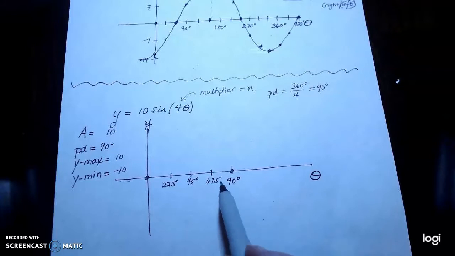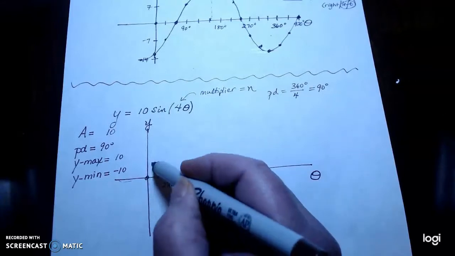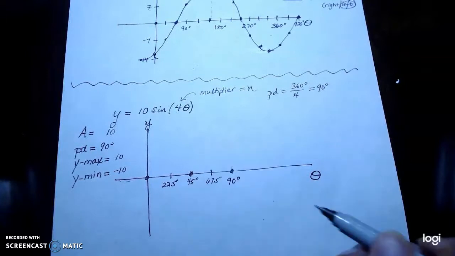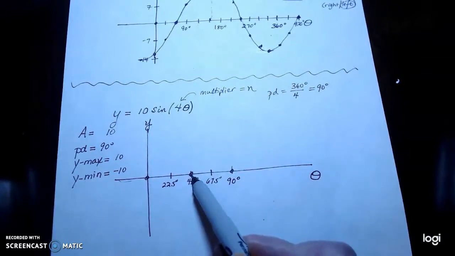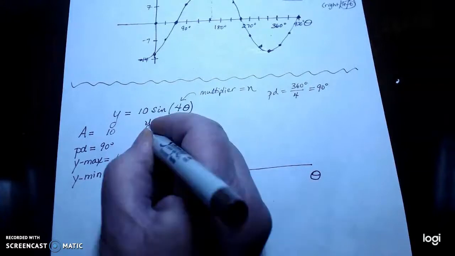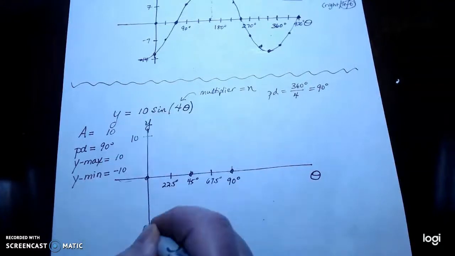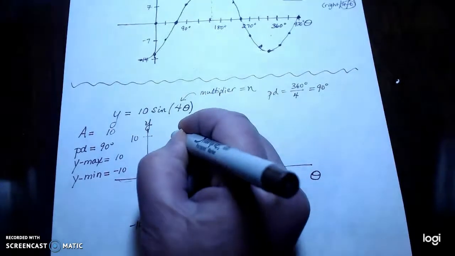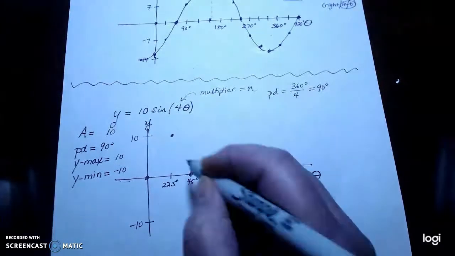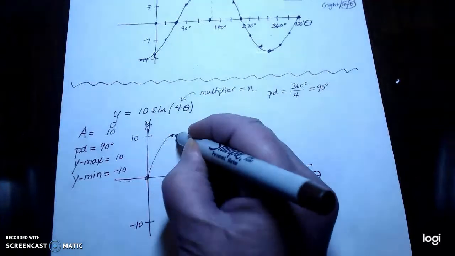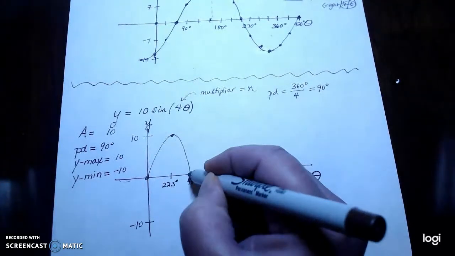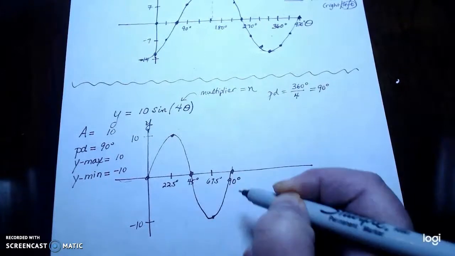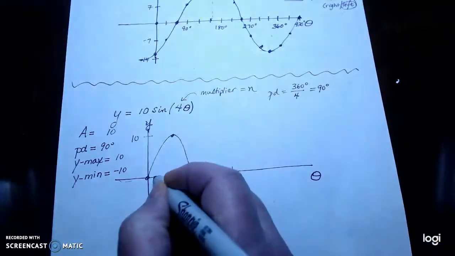Remember that you have a peak and then a valley, and at exactly the halfway point, you're going to cross the x-axis. Now your amplitude was 10, so let's graph our 10 and our negative 10. Here's the peak, here's the valley, and you could sketch your curve, and remember it is a curve, not straight lines in a sine wave. And there you go. If you needed to, you could break these down further.